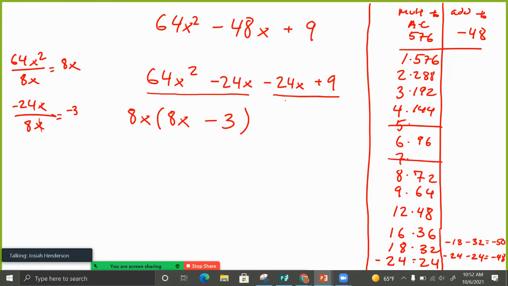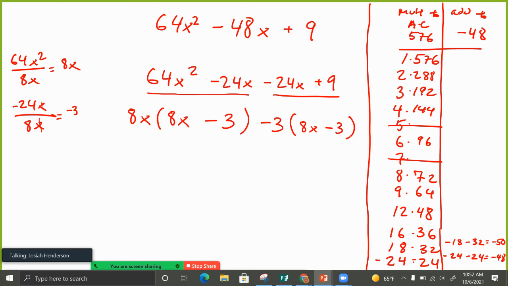Now on the right side, I can pull out 3 from 9 and from 24. So let's do that. And then another thing, folks, is notice that the signs aren't the way we want them. 24 is negative, 9 is positive. So I'm going to divide out a negative 3. And then we continue. So we get 8x minus 3.